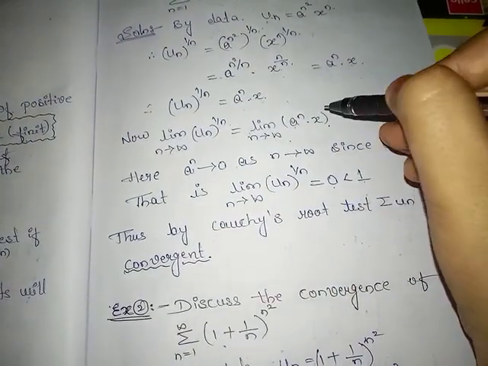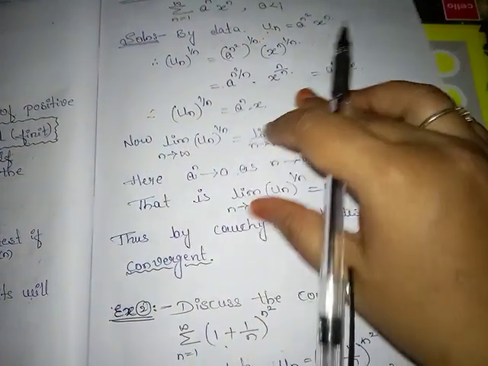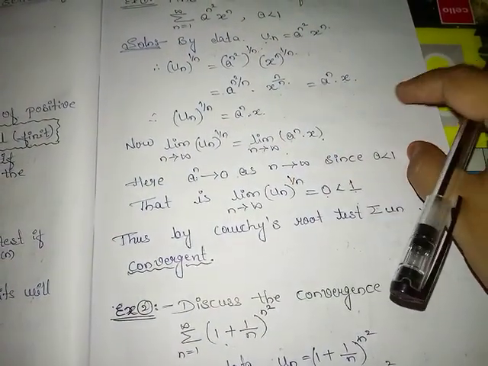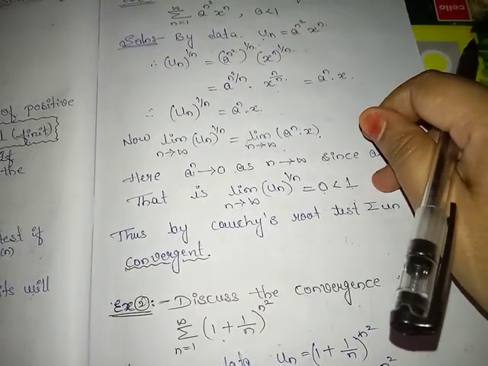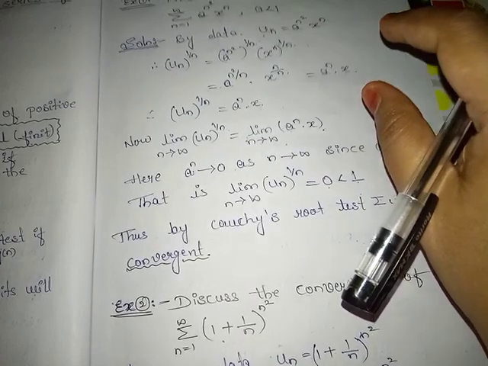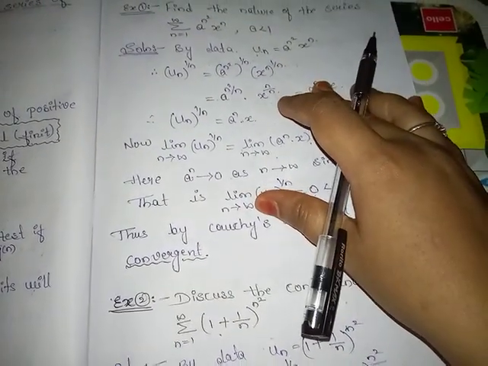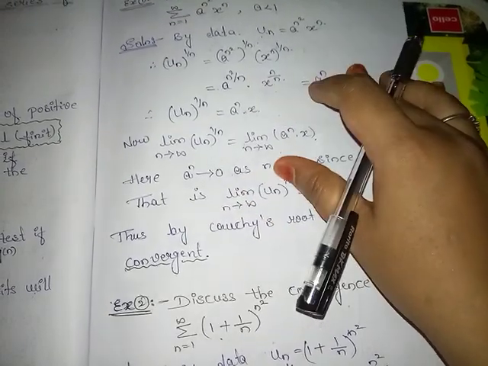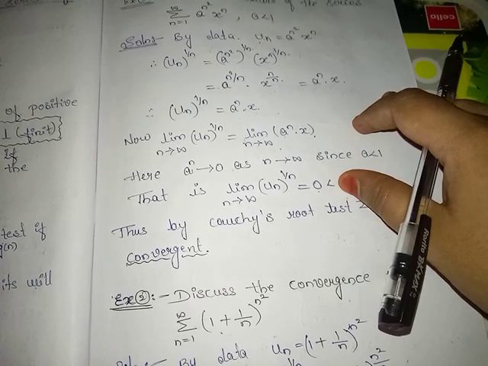If that value is less than 1, then according to Cauchy's root test the given series is convergent. If that limiting value is greater than 1, then the given series is divergent. Here we are not solving any example for the test fail condition; we have only convergent and divergent conditions.